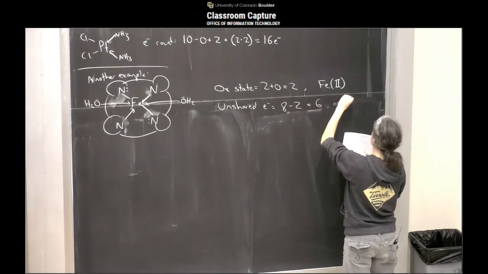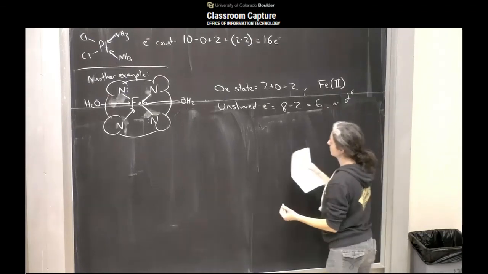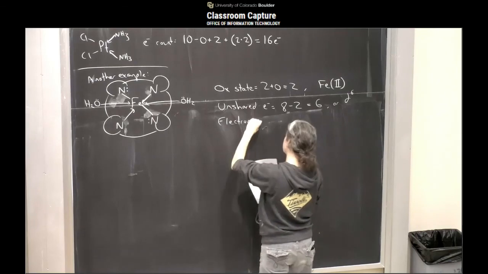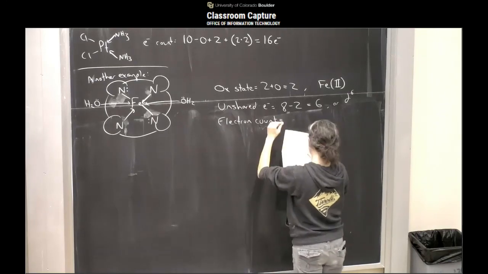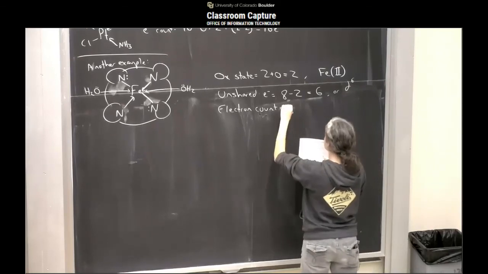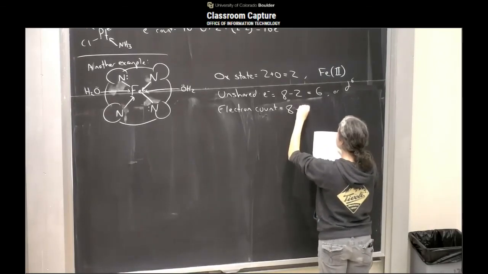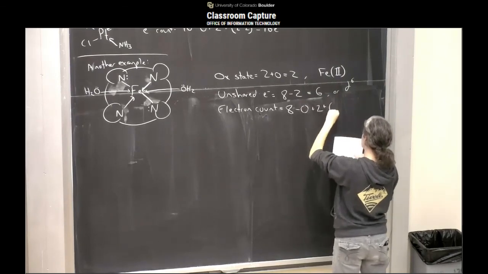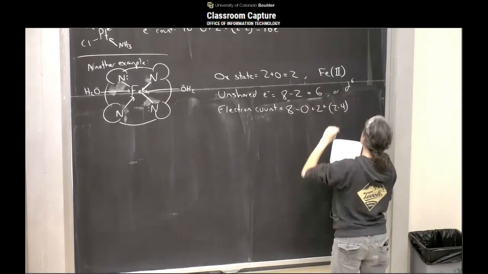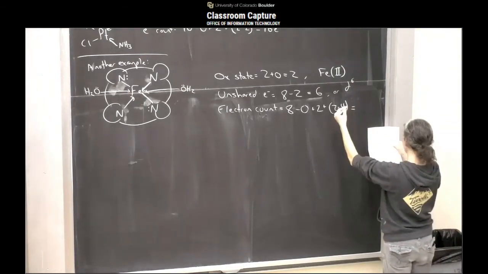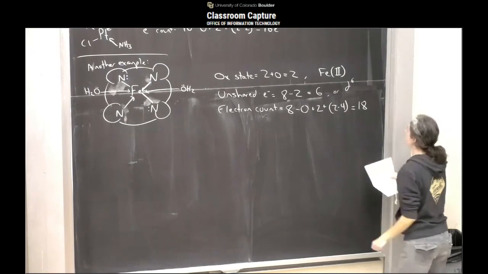Or in other words, we would write this as D6. And then electron count here is going to be 8 for the neutral metal, minus 0 for the charge, plus 2 for the X-type, plus 2 times all of 4 different L-type ligands on there, which is going to be a full set of 18 right now.